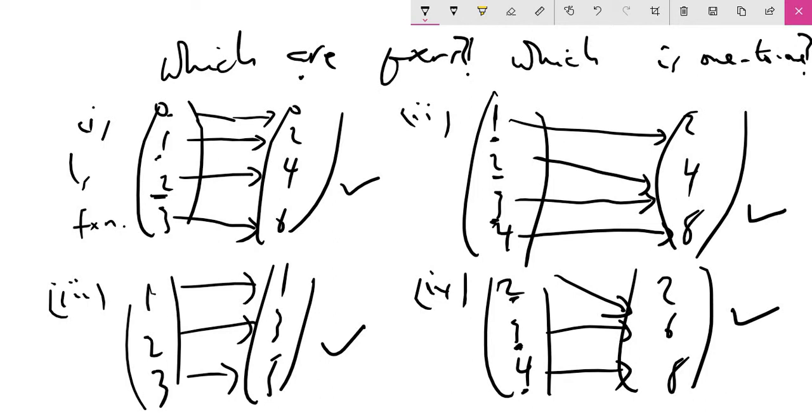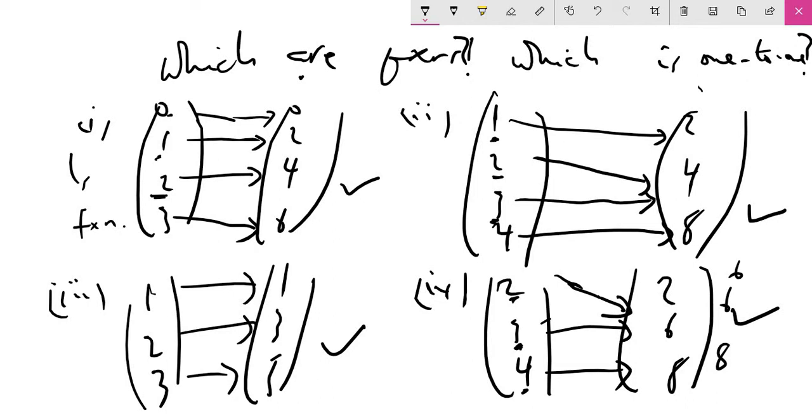So 2 maps to 6, 3 maps to 6, 4 maps to 8. We don't see something like 3 mapping to this and at the same time mapping to somewhere else. No, we didn't see that. So that's how you determine which particular mappings are functions and those that are not.